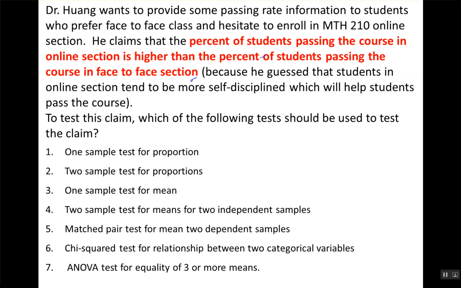One is the percent of students passing the course in online section, and compare that to the face-to-face section. And what are we comparing? The percentage. Therefore, based on this information, I'm gonna say this will be the two sample test for proportions. You should pick this procedure for this scenario.